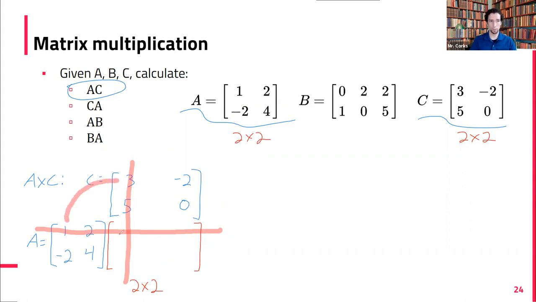So 1 times 3, which I'll write out fully for the first one. 1 times 3 plus the second position times second position, plus 2 times 5. Okay, so all of that together is just that one position in this resulting matrix.